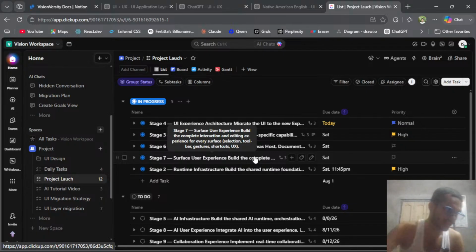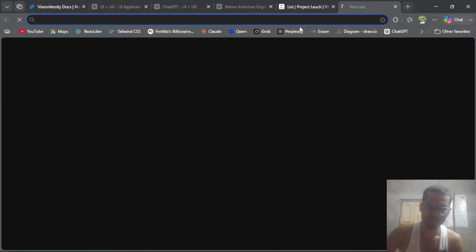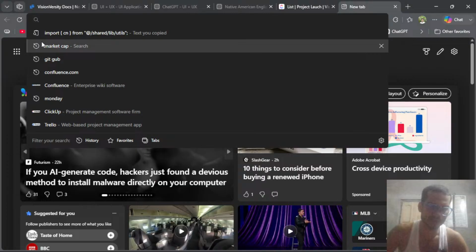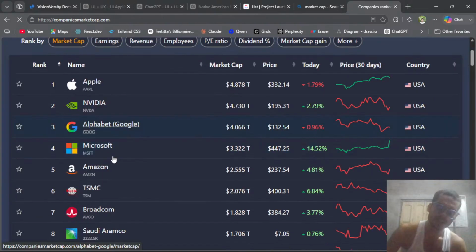So let me share some economics because I love economics. Let me give you a fundamental idea behind market cap. If you understand what technology can do, guys, look at most of the companies from the USA.